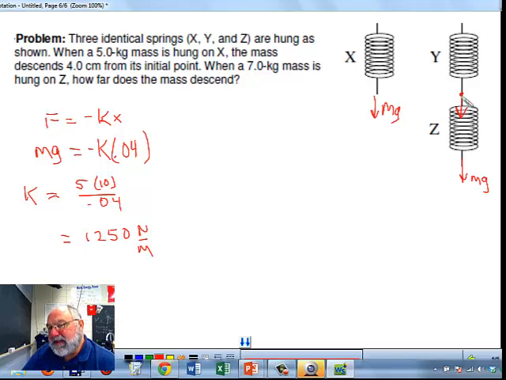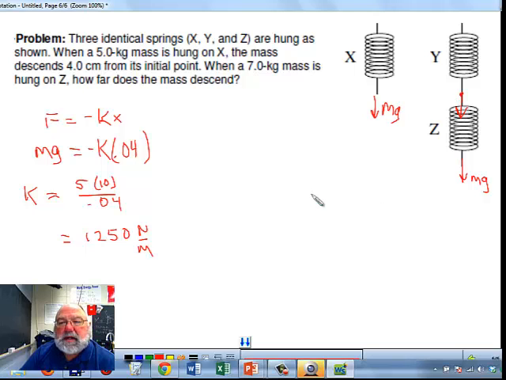And it's going to be pulling it down equal to the mass suspended times gravity plus the weight of Z. And we're going to assume that Z has negligible weight.